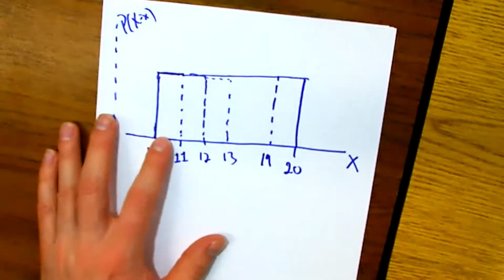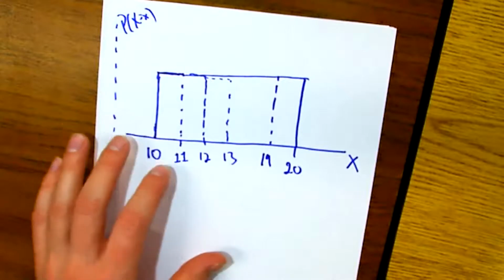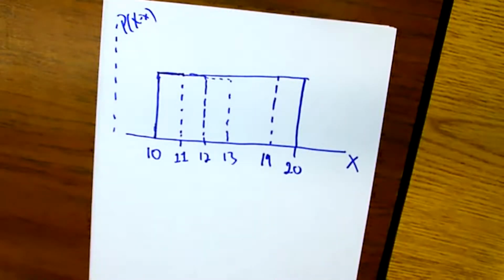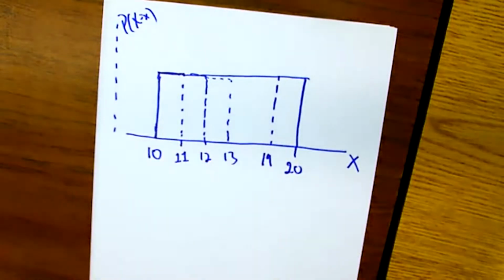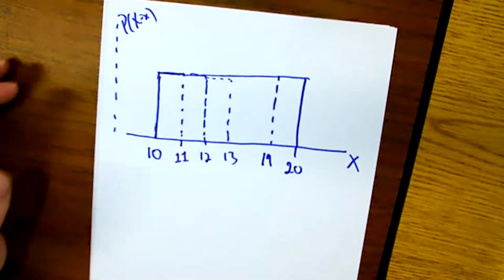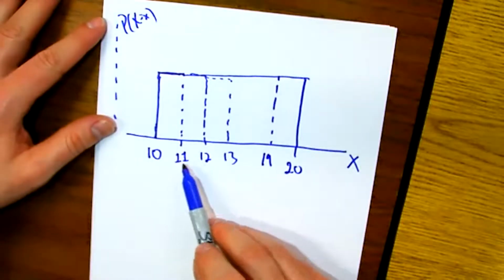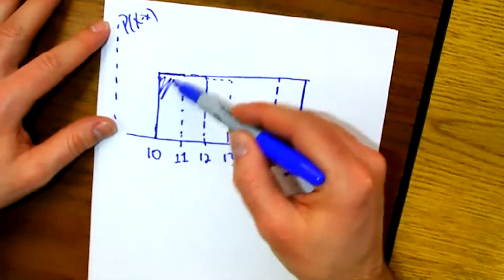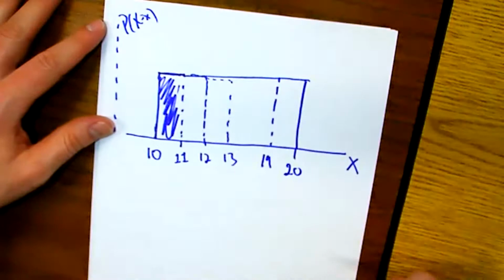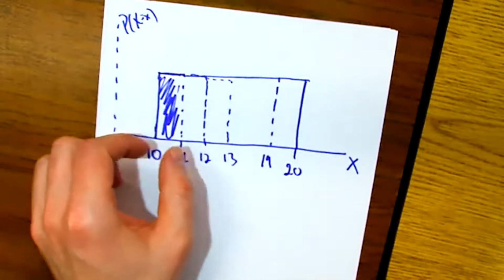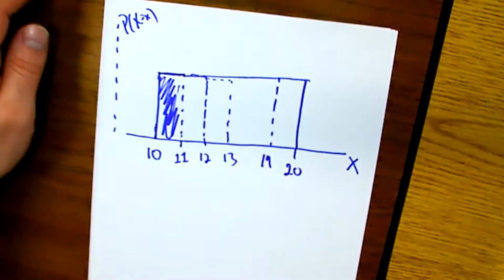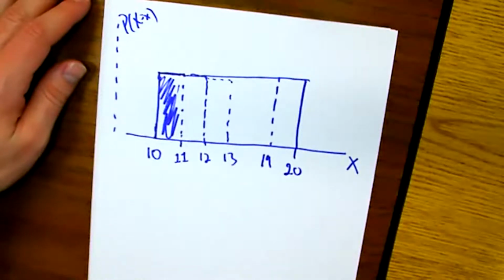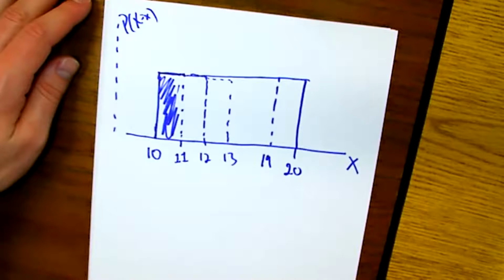If I were to divide up this range, 10 to 20, into 10 equally sized intervals, all of size 1, essentially like integers, what would the probability of any one of those ranges be? First of all, if they're all of size 1, I'm going to have 10 of them. So if they're all equally as likely, each one would have a probability of occurring of 1/10.